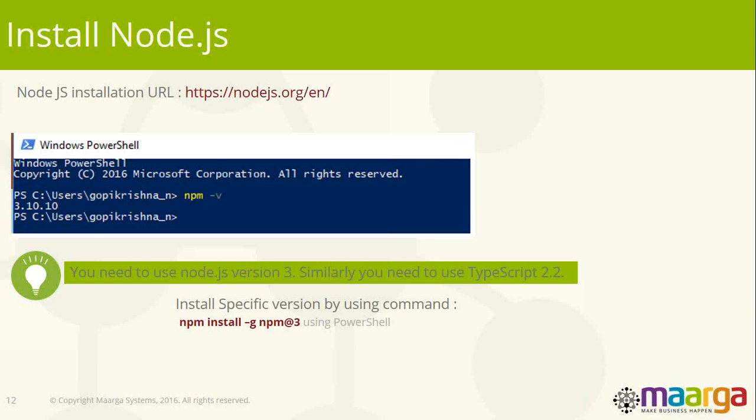Similarly, when we start using TypeScript in our SharePoint Framework, as of March 2017, SharePoint supports TypeScript version 2.2. And say for instance, if you are seeing a different version running on your developer machine apart from version 3, there is a specific command in PowerShell. When we execute the command, you can install the specific version.